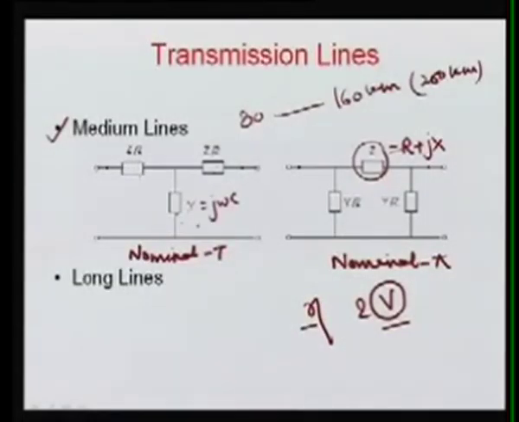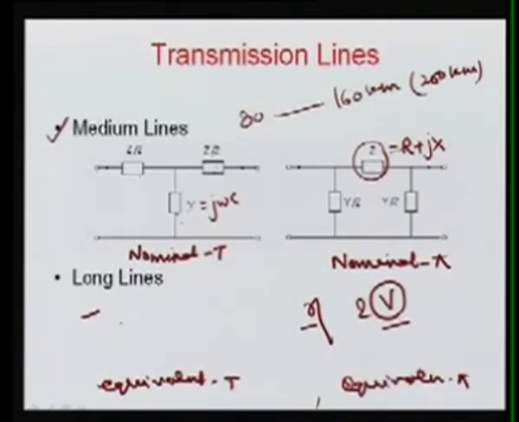In a long transmission line, we cannot assume that the parameters are lumped. We have to consider the distributed parameters, the distributed equivalent, and in that case it is called the equivalent T or equivalent pi.